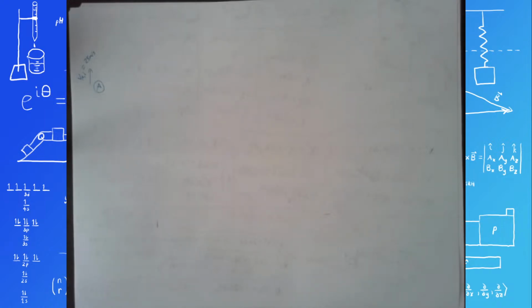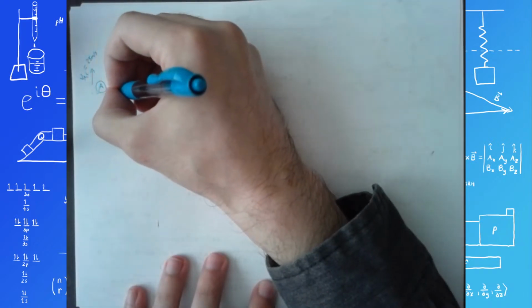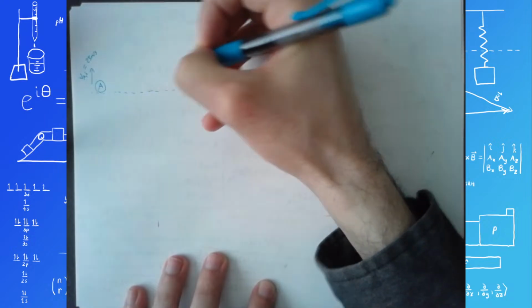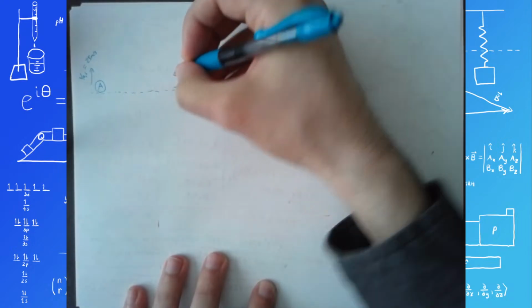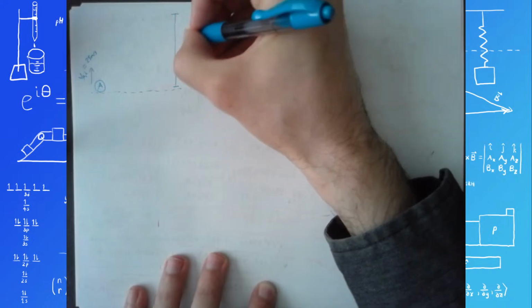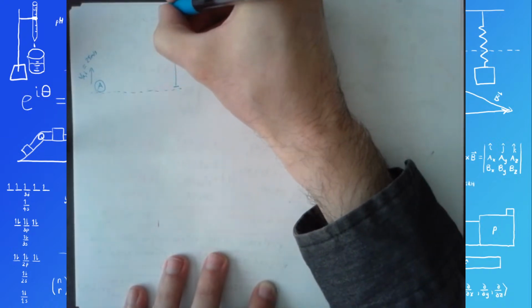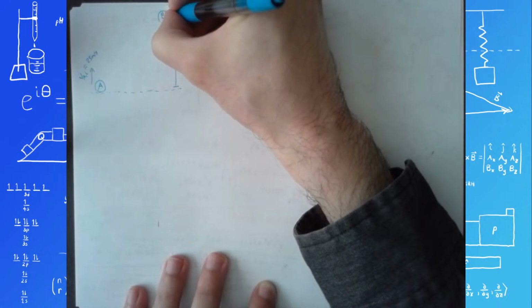At the same instant, another ball is dropped from a building 15 meters high. So I guess that'll be my ground level, and then that's going to be my 15 meters. And here's my second ball. I'm going to call it ball B.